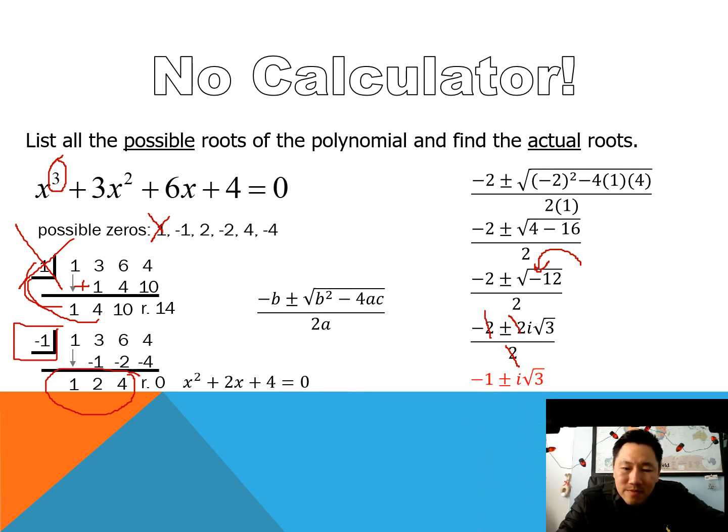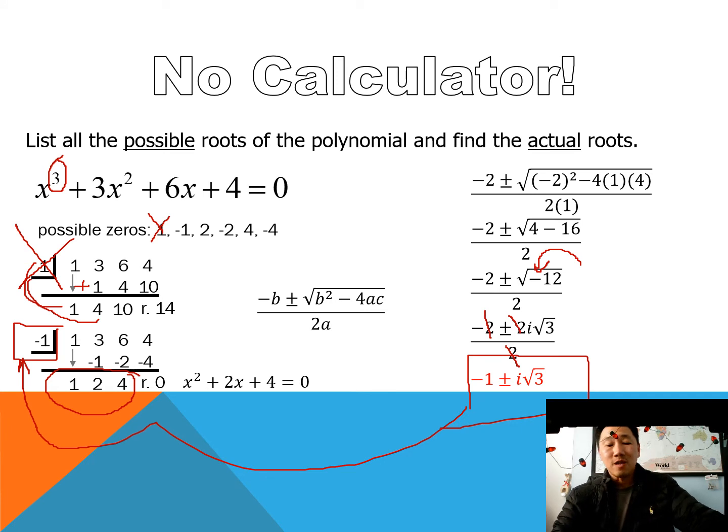Our final answer is negative 1 plus or minus i radical 3 and negative 1. People always forget about that negative 1, but that was the first answer. What we got were the second two answers from the quadratic equation, totaling 3 answers altogether. All right, let's do another one.